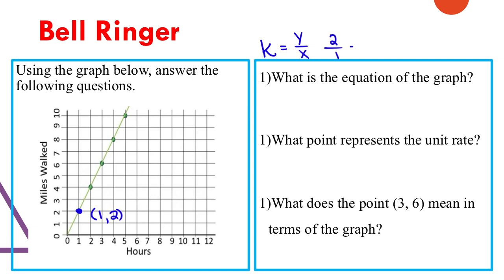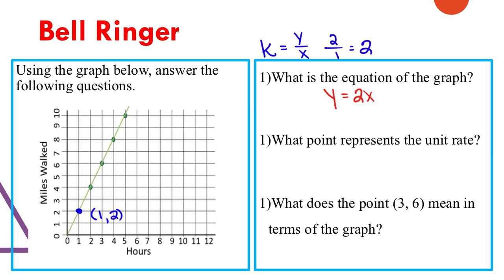And what was that, Jimmy? 2. Okay, so if I know that the k is 2, how do I now find and write the equation to the graph? Tristan. Y equals 2x. Very good. Y equals 2x.